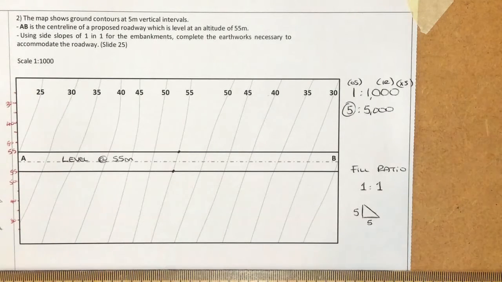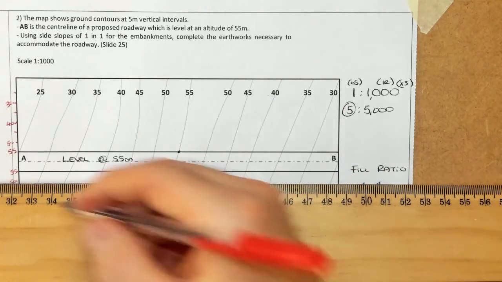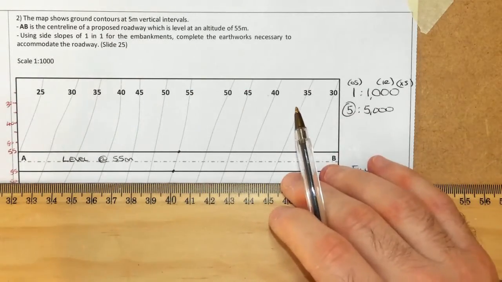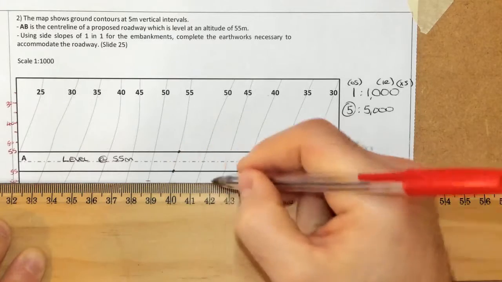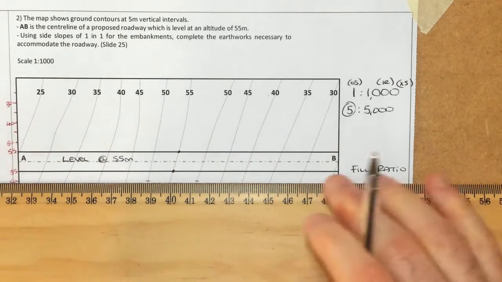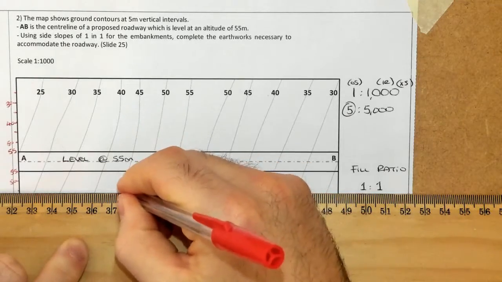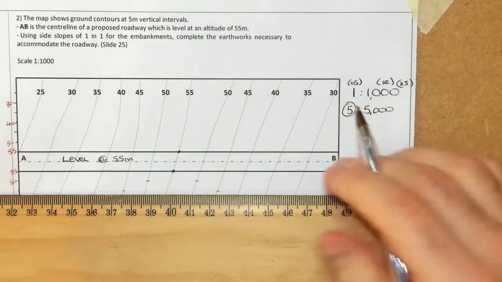So what I'm going to do now is plot the points. Where 51 is, I'm going to look for the 50 contour, and like I said in the last question I did, I drew the lines the whole way across. This time I'm just going to use that as a guide and make a little mark on the 50s. The next one is at 45, so I'm just seeing where it's going to pass through.